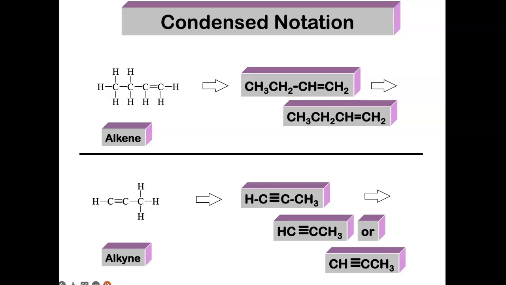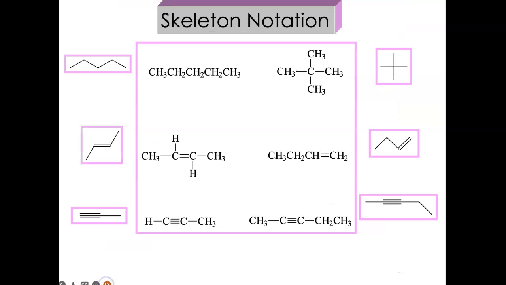But you can see if you just had the formula for these molecules, like C3H4, that's not really going to give you a lot of information about the molecule and its structure if you needed to build it exactly like you see here.